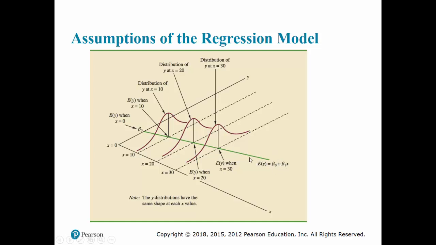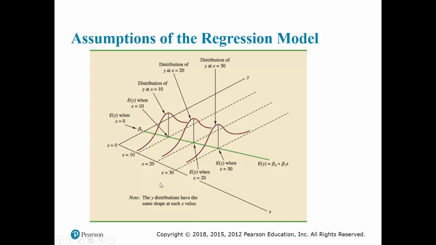If the slope is 0, then you get a straight line that is parallel to X, and X doesn't have anything to do with Y. All of the means are exactly the same, equal to beta sub 0, and X has no influence on Y. Only if this line has a slope that is different from 0, either positive or negative, it doesn't matter.